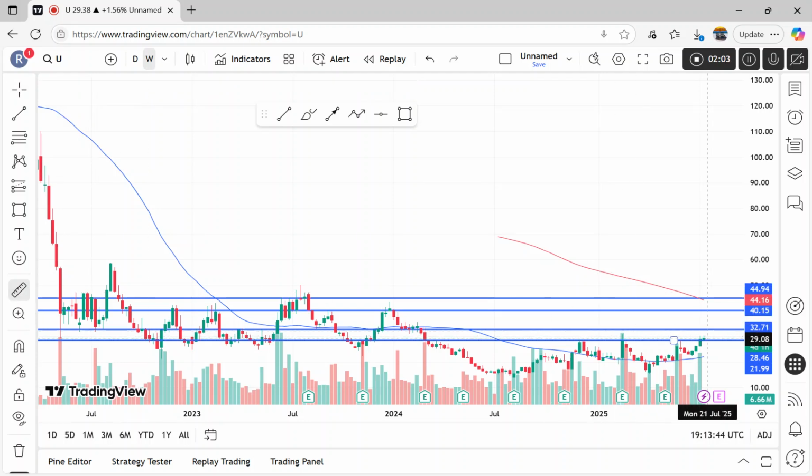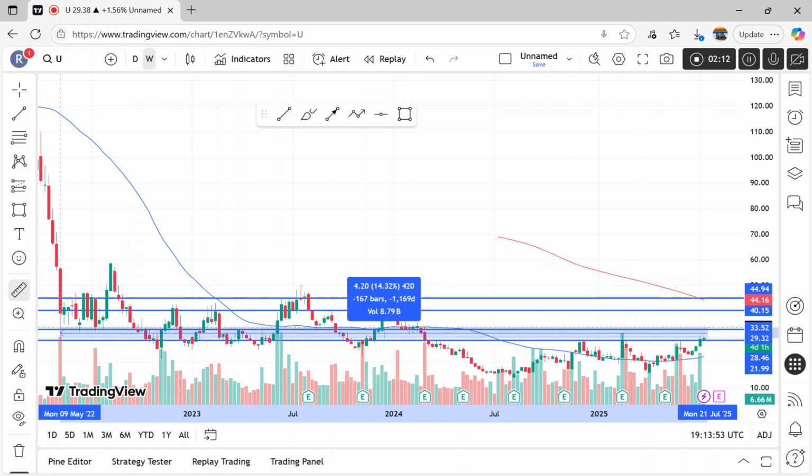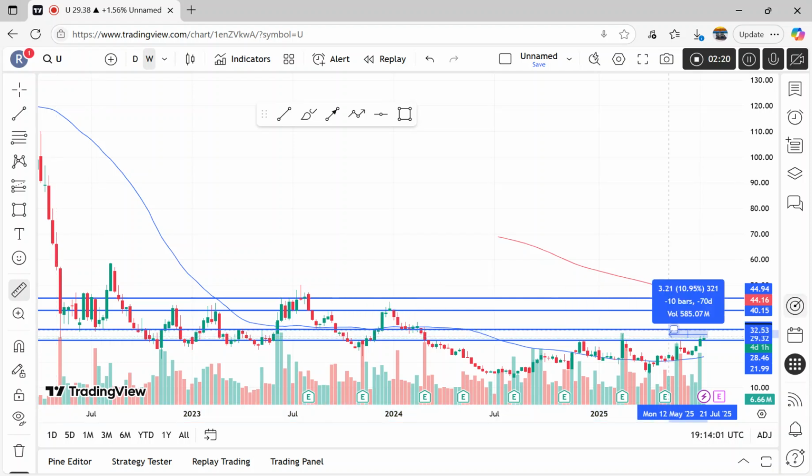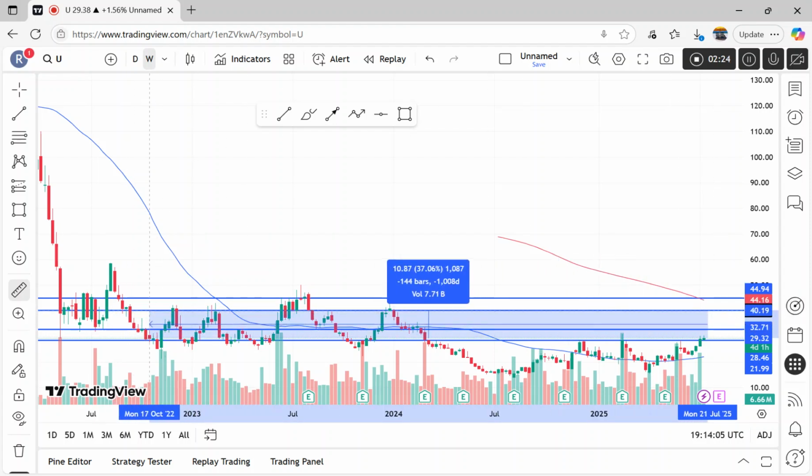And then if we come to the weekly chart again and use the measurement, I think the first reasonable target is to this area, about 32.80 range, and that's already 11%. And if it can go higher to this area at about $41-ish, that's 40%.